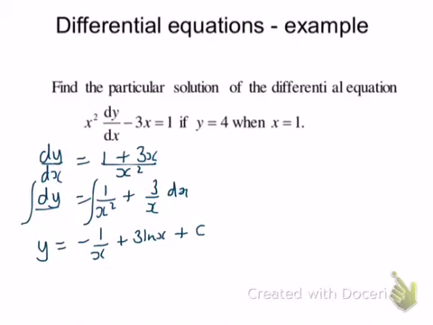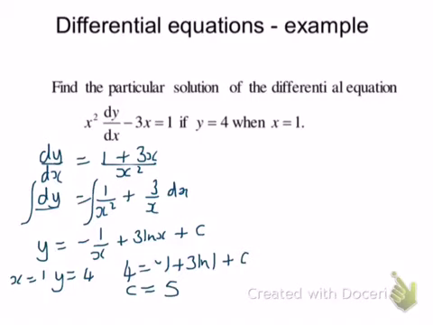So we've been told when x equals 1, y will equal 4. So if I substitute these into my equation, I will have 4 equal to minus 1 plus 3 ln 1 plus c, which will make c equal to 5.